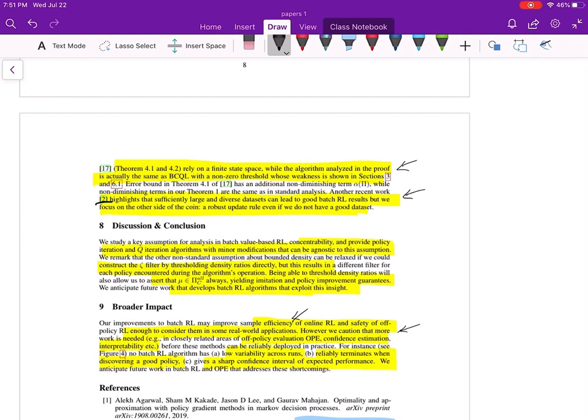Let's see some positive statements here: the batch algorithm has low variability across runs, is very reliable, terminates when discovering good policies, and gives sharp confidence intervals of expected performance. So these are three points addressed in batch RL that can be helpful in off-policy evaluation methods.